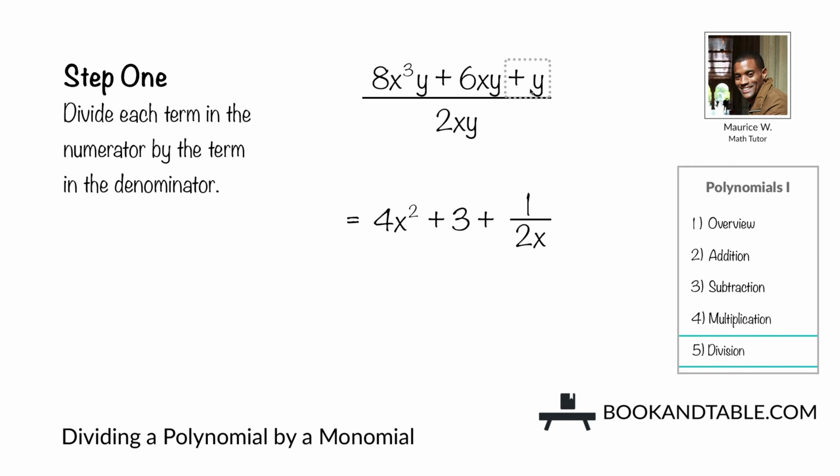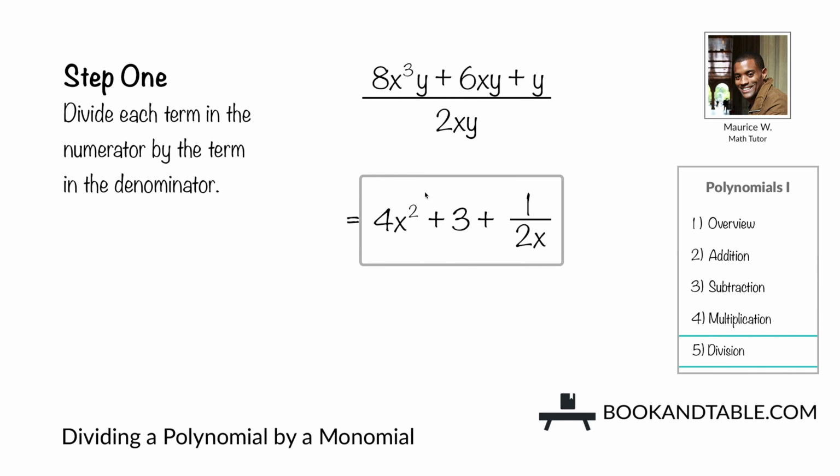Here, since there's no coefficient shown, the coefficient would be 1. 1 times y is just y. So 1 divided by 2 is 1/2. There's no x in the numerator, but there's an x in the denominator, so that stays. And then we have y divided by y, which is equal to 1, so those cancel each other out.